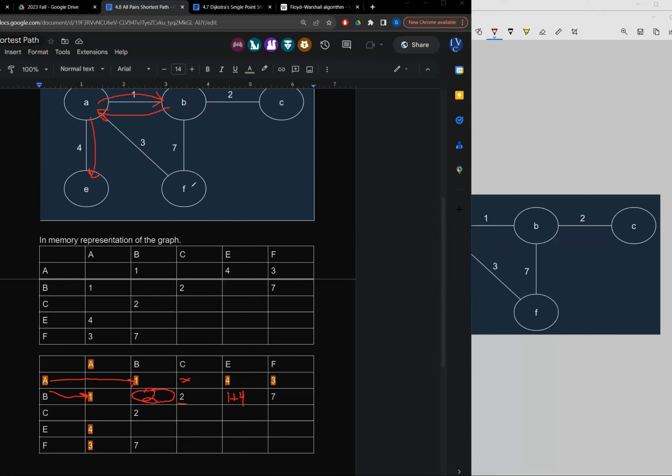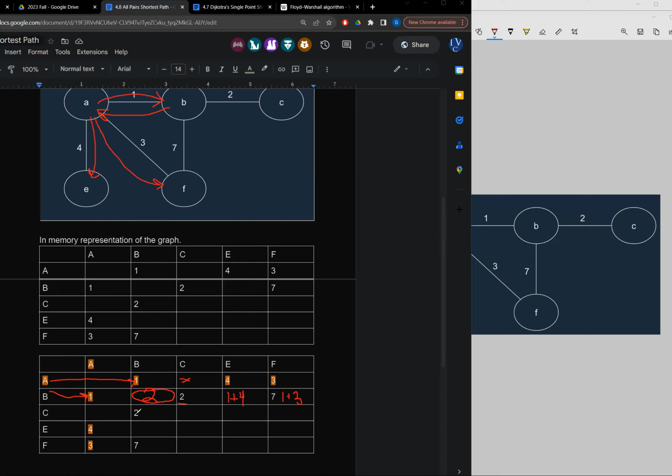B can go to F directly for cost 7, or alternatively, B can go to A for 1, then from A for 3 more. So we'll go ahead and replace that because we have 4 as a shorter path than 7. So we're going to say that path doesn't work out. We have a better way to get there.